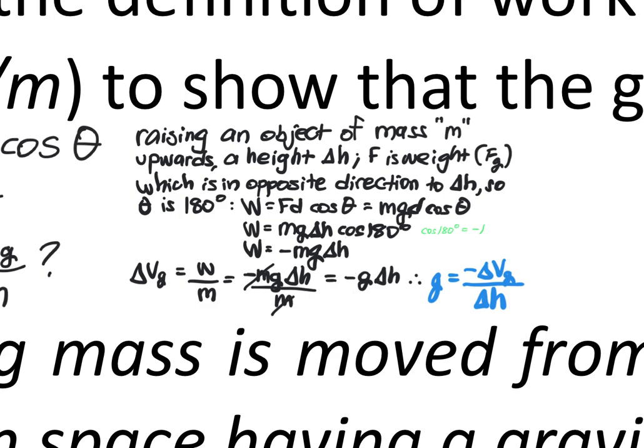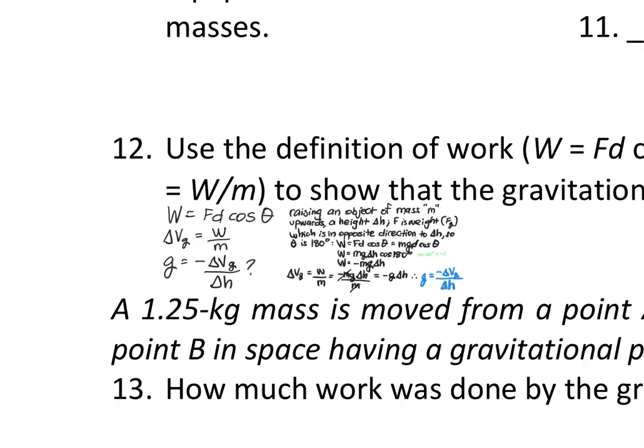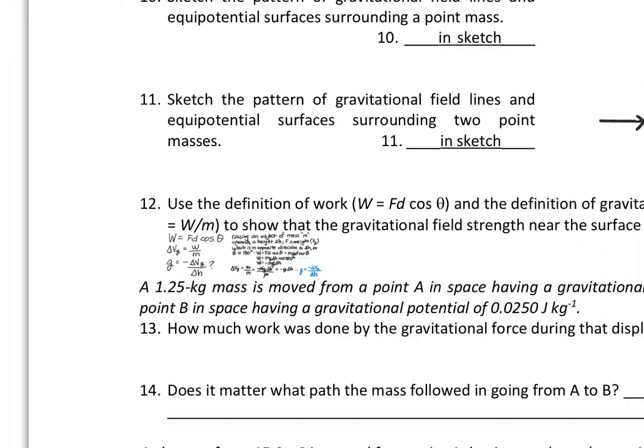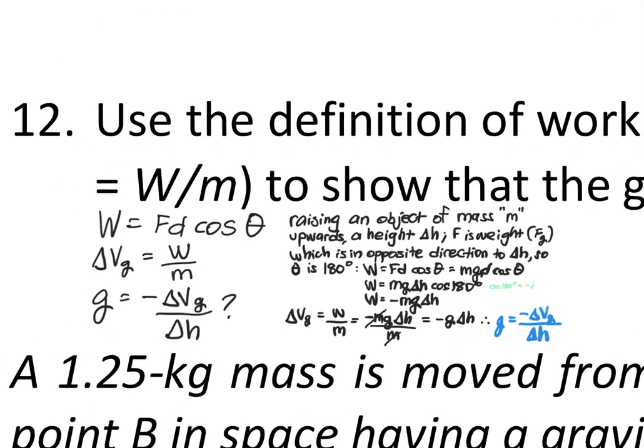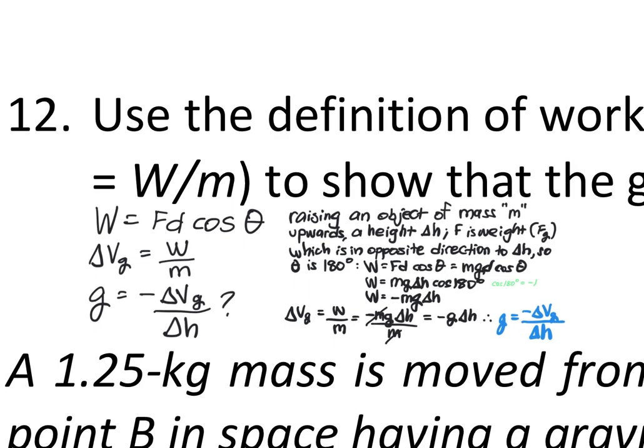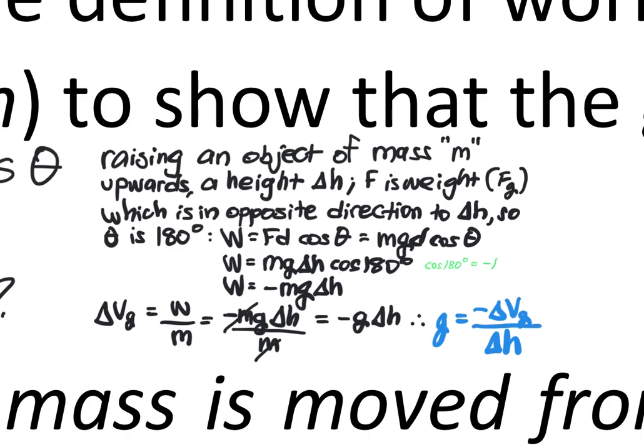If I solve for g, I wind up with negative gravitational potential difference over the change in height, which is what the problem was trying to show in number 12. So yeah, like I said, they didn't give us a lot of room, so I can zoom to make that happen, right? And here's my little explanation.